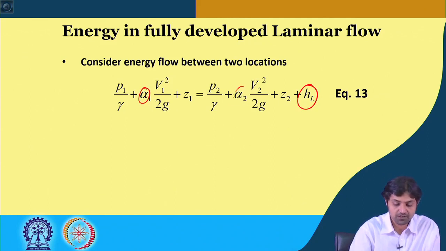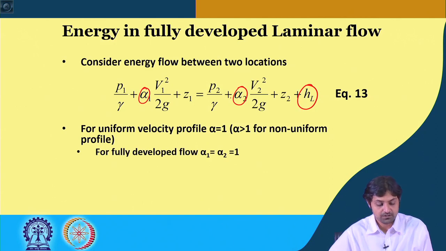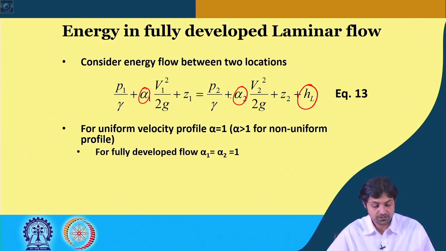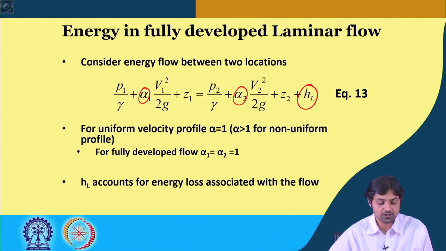This alpha 1 and alpha 2 we take 1 for the uniform velocity profile, and alpha is greater than 1 for non-uniform velocity profile. We are assuming alpha is equal to 1 because our velocity profile is uniform. So, for fully developed flow, alpha 1 is equal to alpha 2 is equal to 1, and here the head loss accounts for energy loss associated with the flow, that I have told you before.